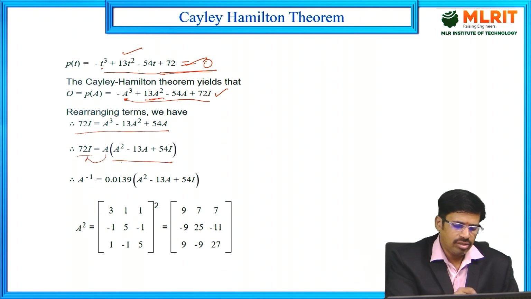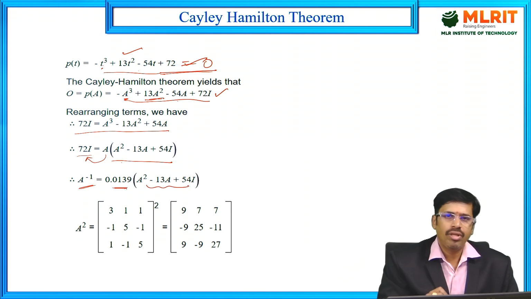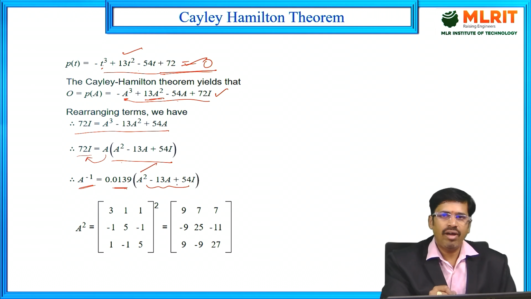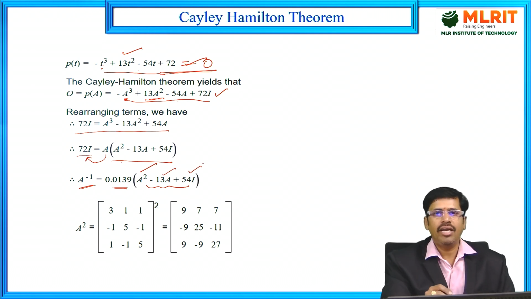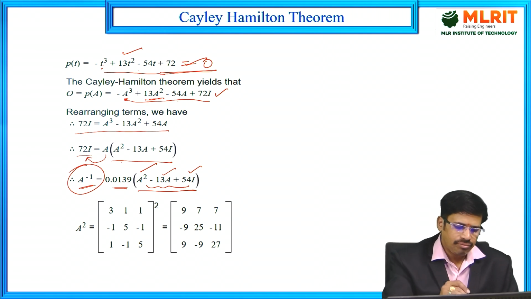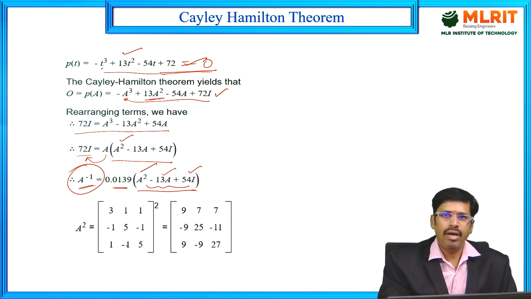Take this to the other side, and we get the inverse matrix A inverse equal to 1 by 72 into this matrix. To find the inverse of the matrix, I have to find the A square value, multiply A with 13, multiply the identity matrix with 54, and solve this, and we get the required inverse of A. Now A square means A into A, multiplying the matrix 2 times, so you get this matrix.